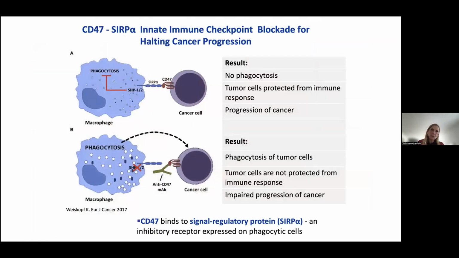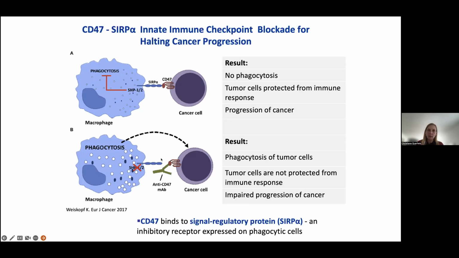Now, another interesting treatment is CD47 and SIRP-alpha. These are the innate immune checkpoint blockades. Tumor cells can express CD47, which basically protects them from an immune response, and hence they can grow, because by binding to SIRP-alpha, which is on macrophages, you inhibit phagocytosis.